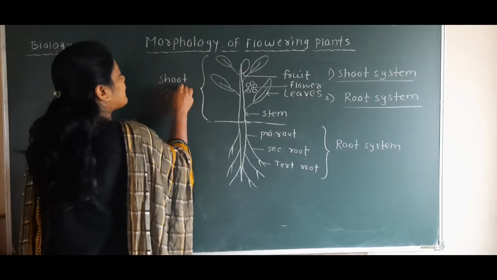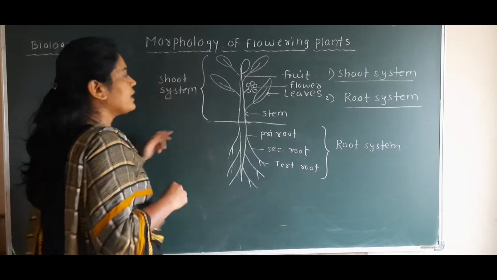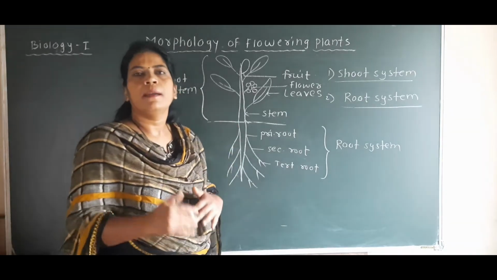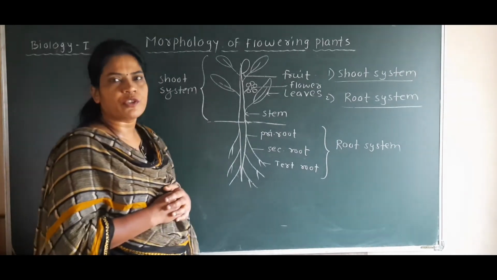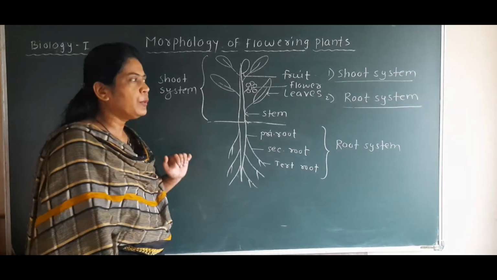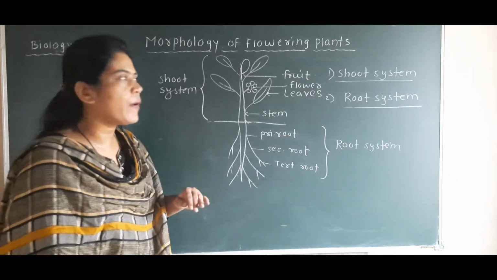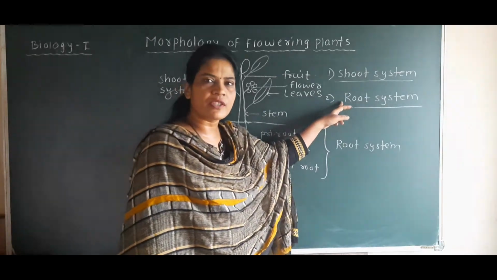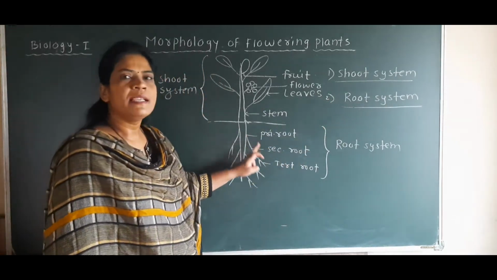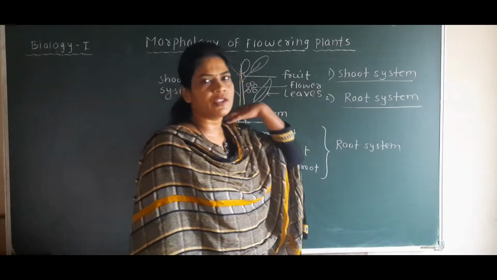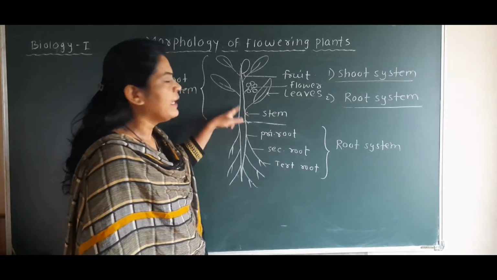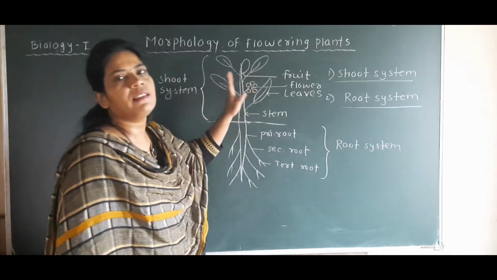It is not only the stem, but the stem with its branches, flowers, fruits together we call a shoot system. So the two systems of the plants are very important. One is the root system, which includes primary root, secondary root and tertiary root, and another one is the shoot system, which includes the stem, its branches, its flowers, its fruits.